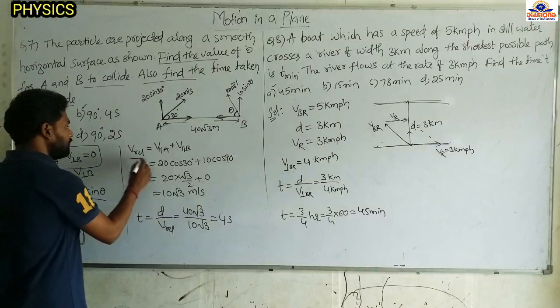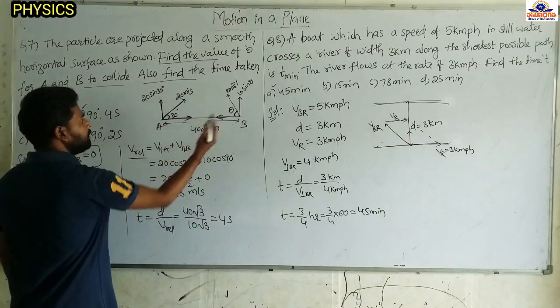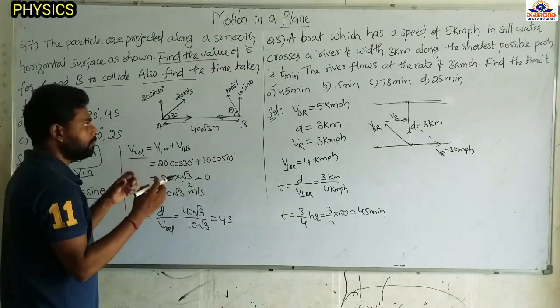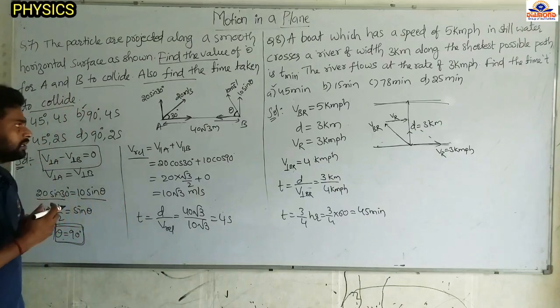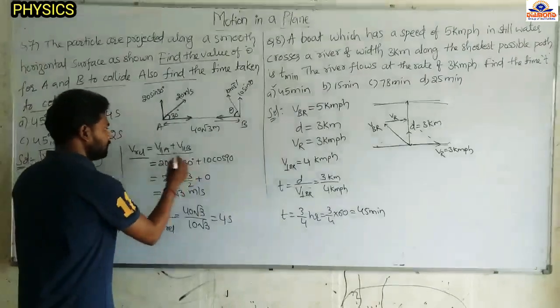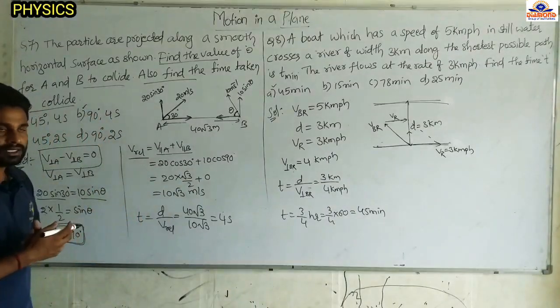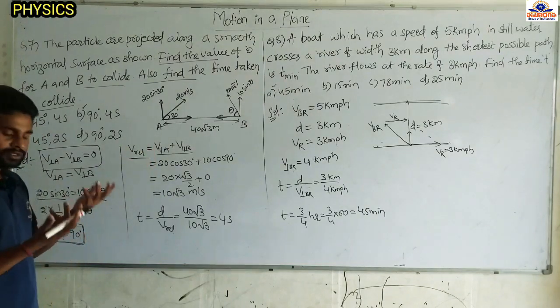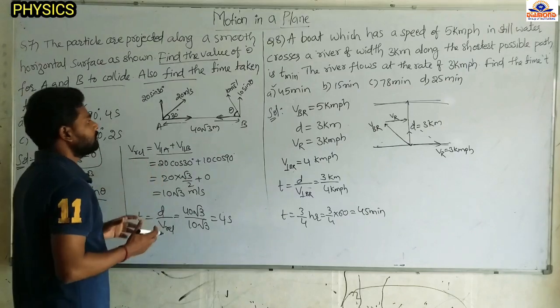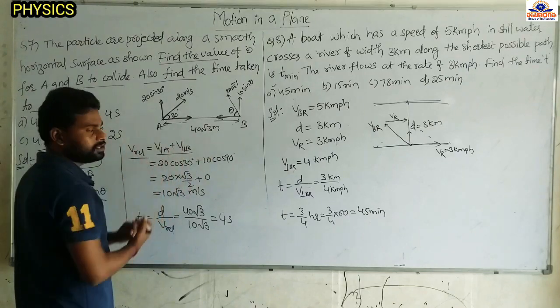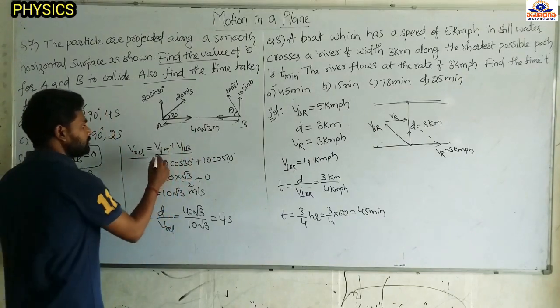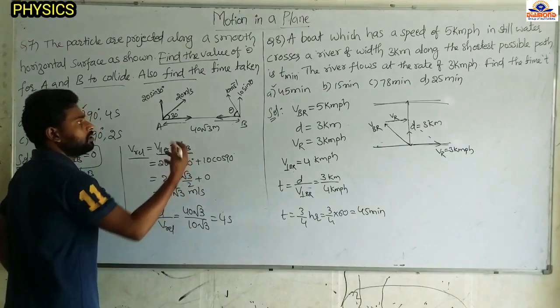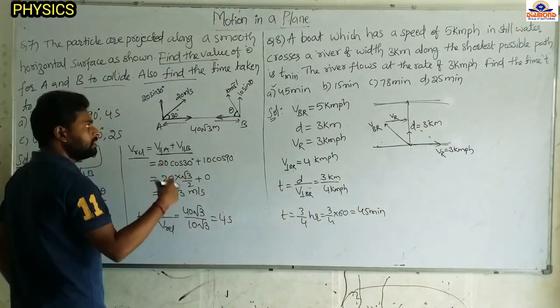Since both are moving opposite to each other, the relative velocity equals the sum of the velocities. Same direction, no collision; only in opposite directions does collision take place. Which velocities? The horizontal components of the velocities.